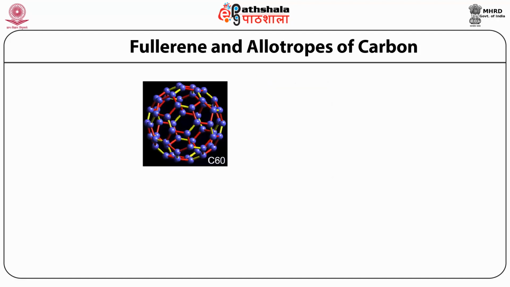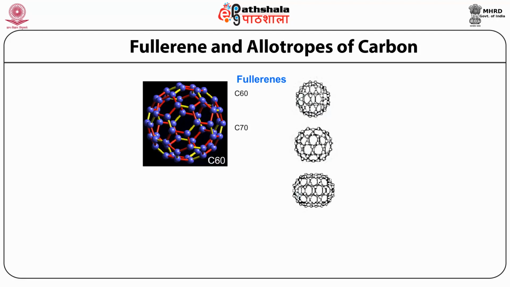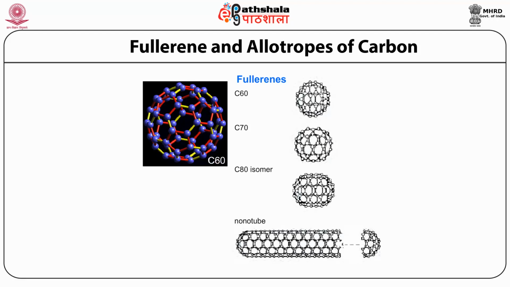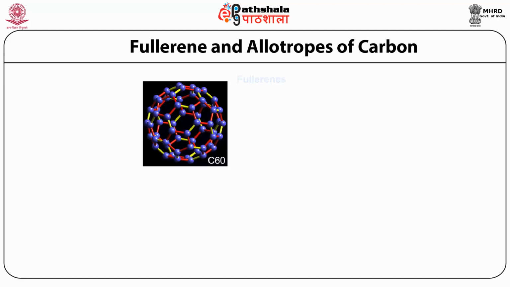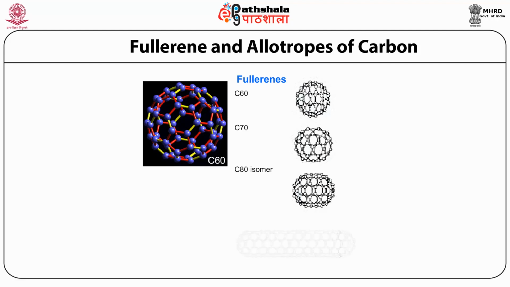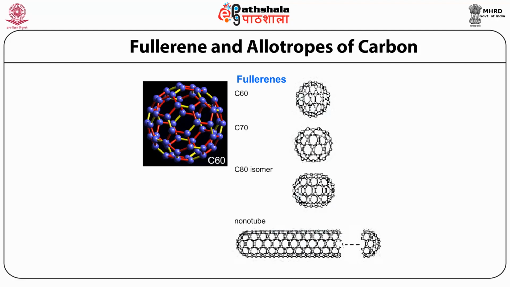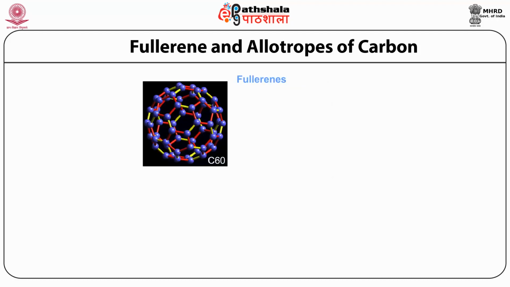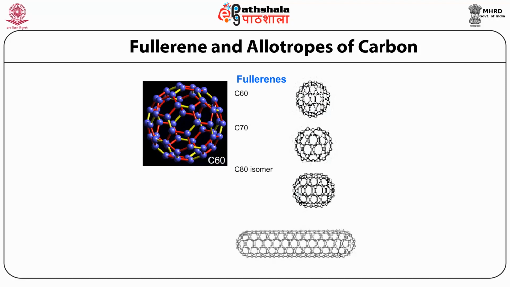A nanotube is actually formed if you cut this fullerene in half, then cap one half from one side and the other half from the second side, closing the structure into an elongated form, which is actually called a nanotube. I will discuss this in detail later.